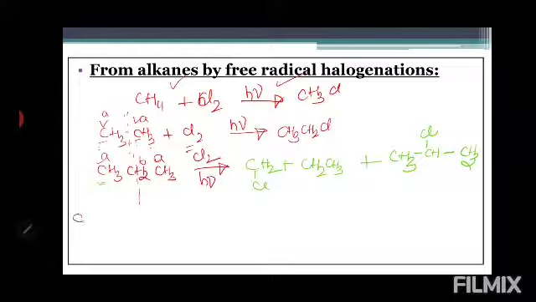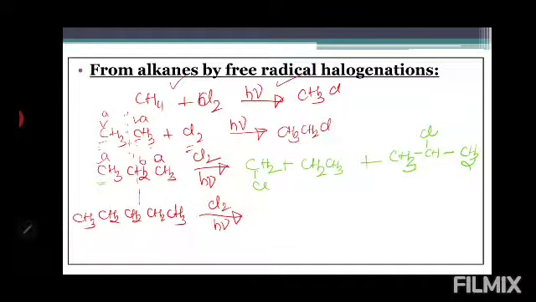Suppose we do the reaction of CH3 CH2 CH2 CH2 CH3, so this is pentane. Again do the same reaction. See how many types of carbon there are.